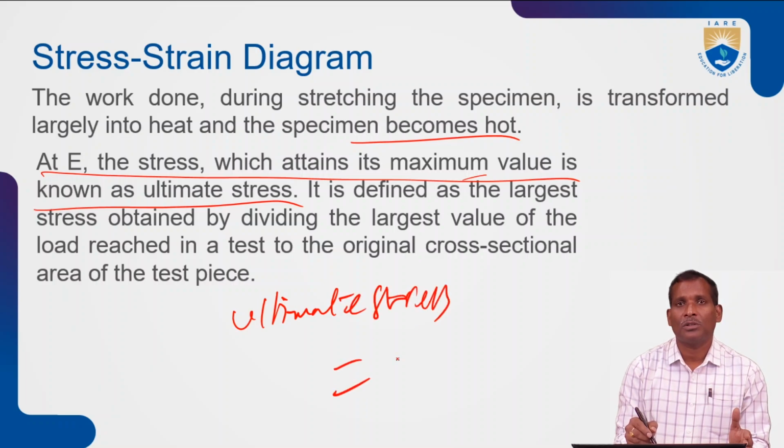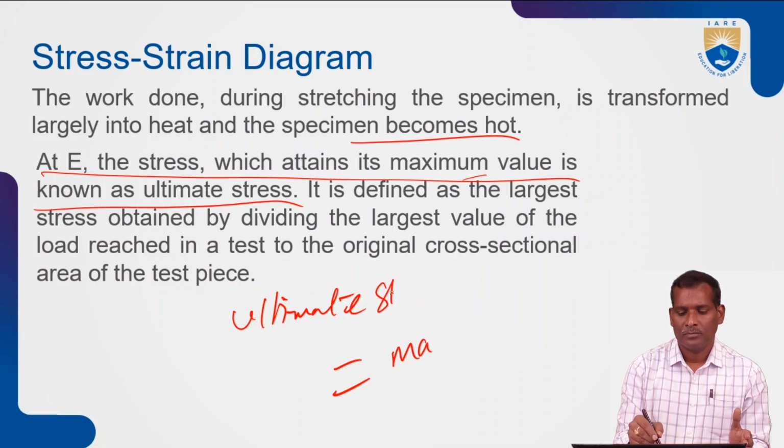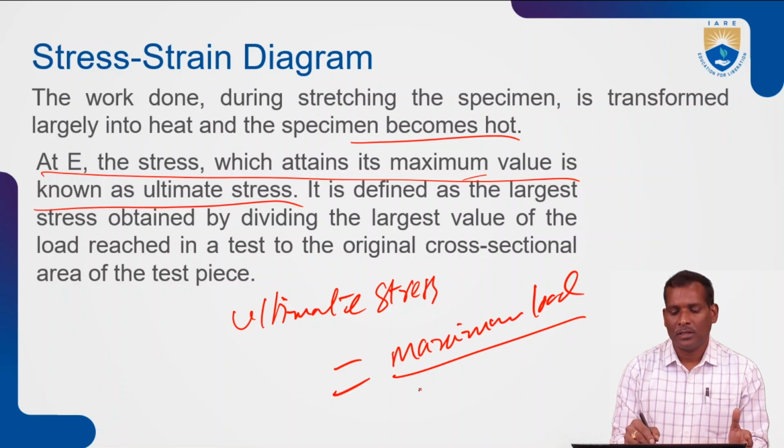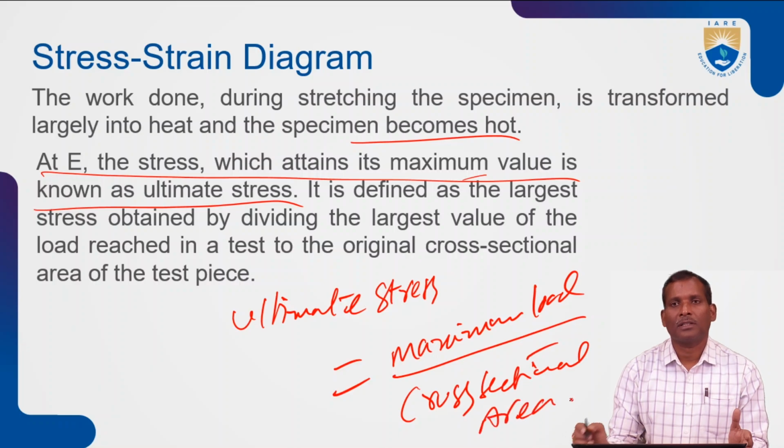Ultimate stress is equal to the maximum load upon the cross-sectional area. It gives the ultimate stress value, sigma u.